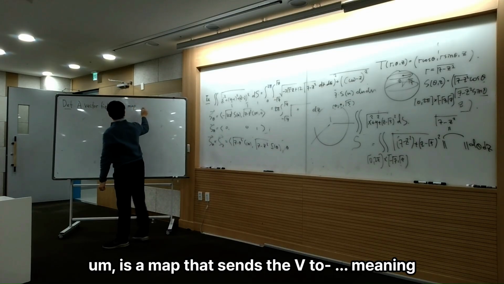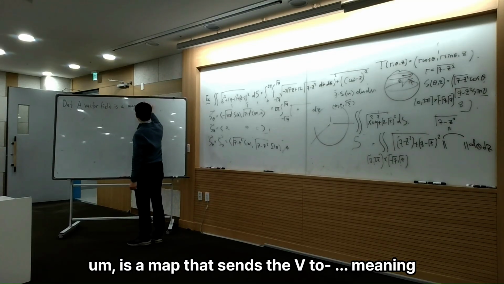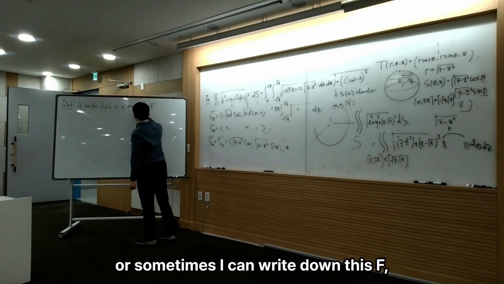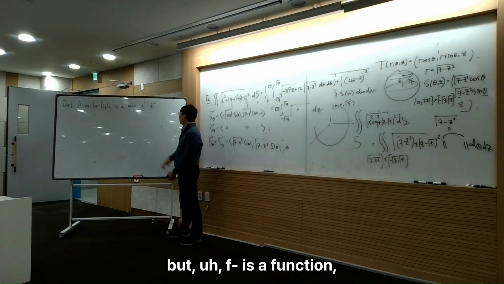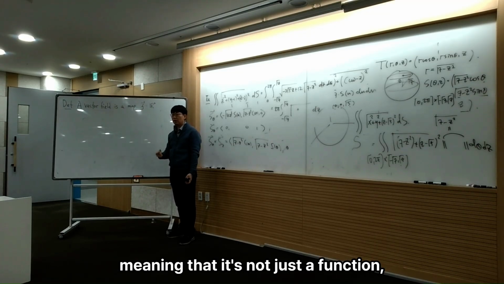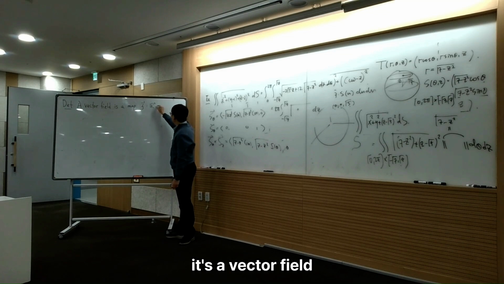V is the symbol of a vector field, or sometimes I can write it as f, but with the arrow symbol on top, meaning that it's not just a function, it's a vector field.